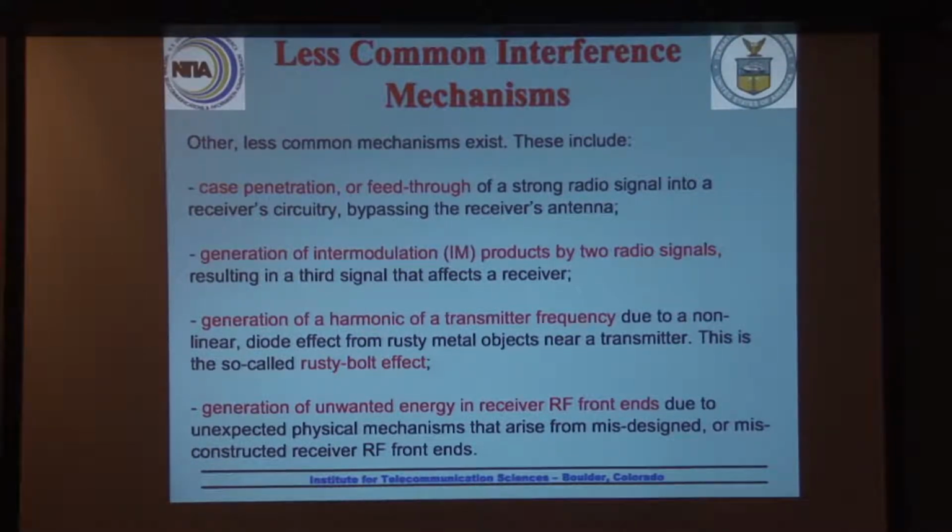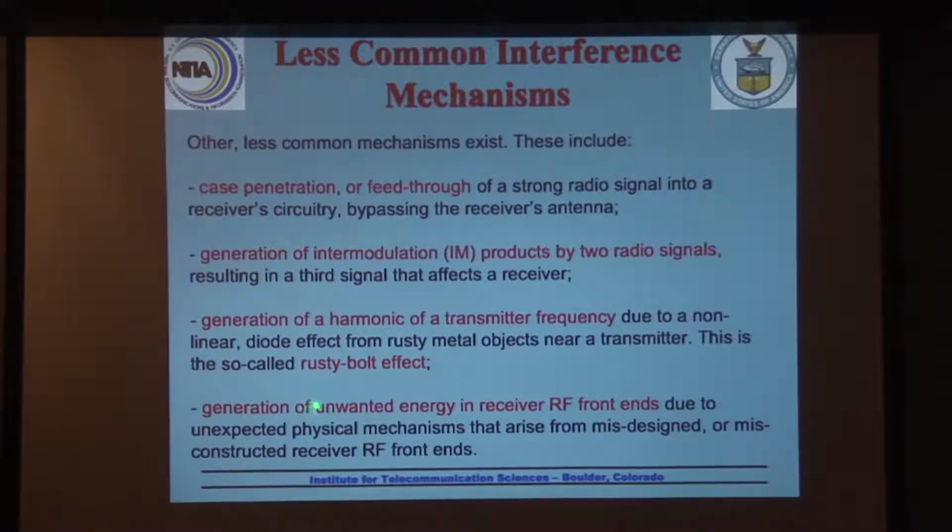So you have a tower or a fence near a transmitter. The tower or fence picks up the transmitter's energy. It re-radiates the energy at 2 times the transmitter's frequency, 3 times, 4 times, 5 times, and usually the odd harmonics are stronger than the even harmonics.